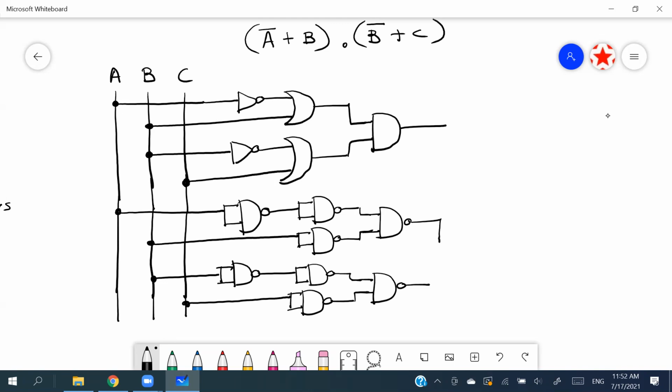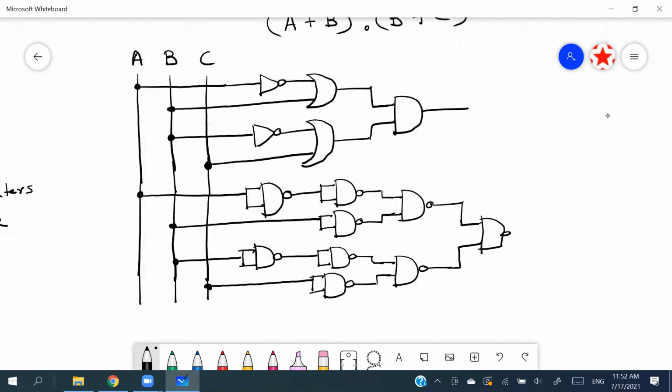So now I have only the AND gate to overcome. So I put these two things over an AND gate. And again, the output, I'm going to throw it through another NAND gate.